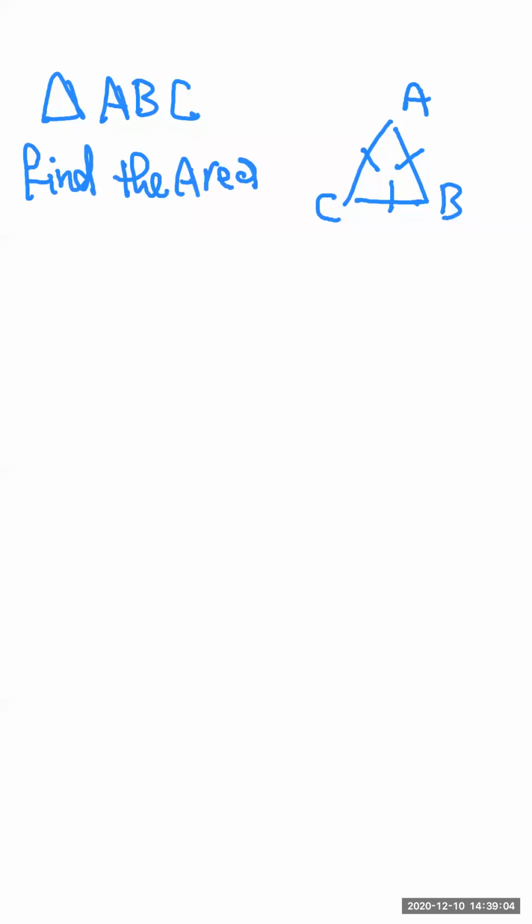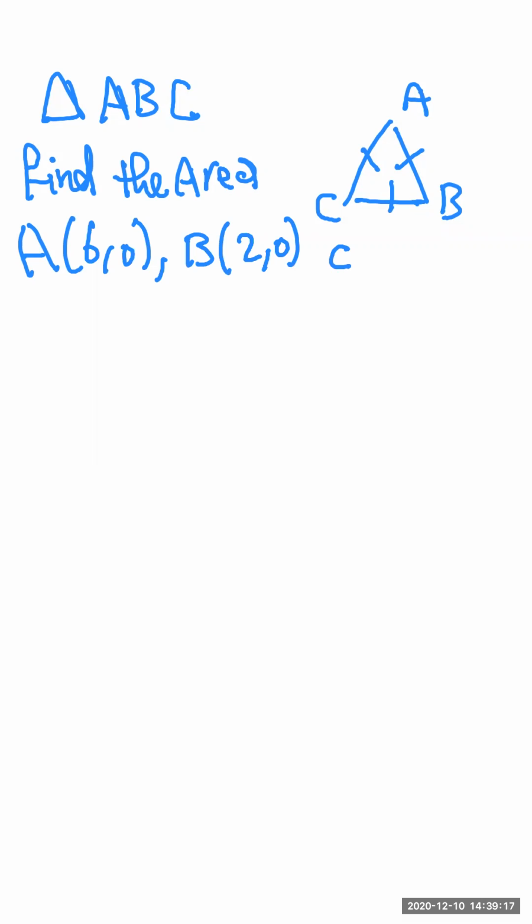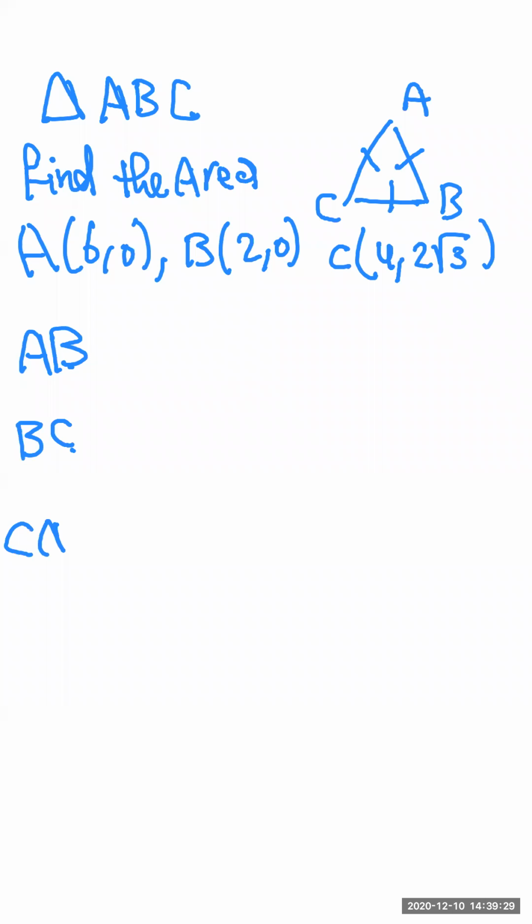Okay. A is (6, 0), B is (2, 0), C is (4, 2 square root of 3). Like before, exactly, guys. I will get AB and BC and CA. That's it.